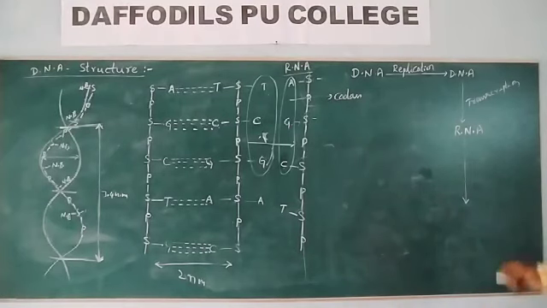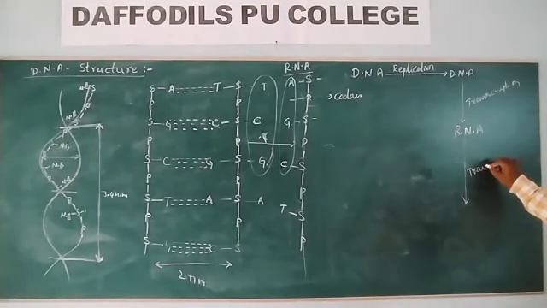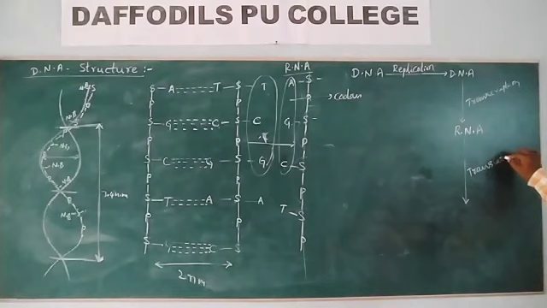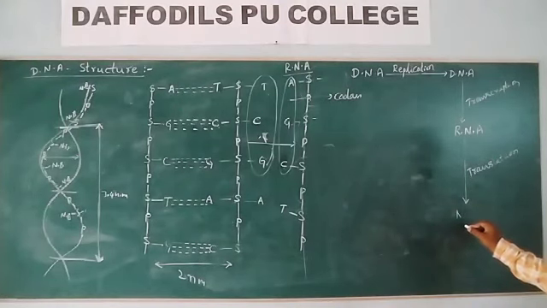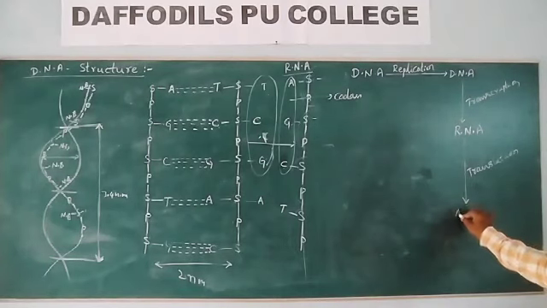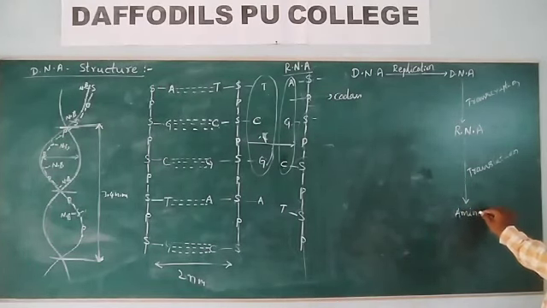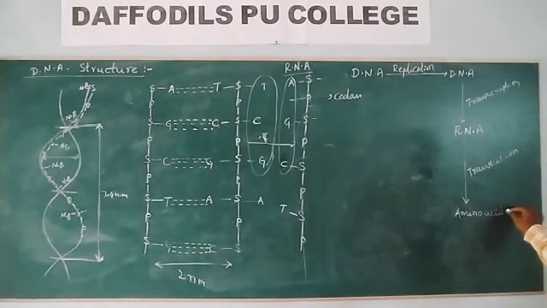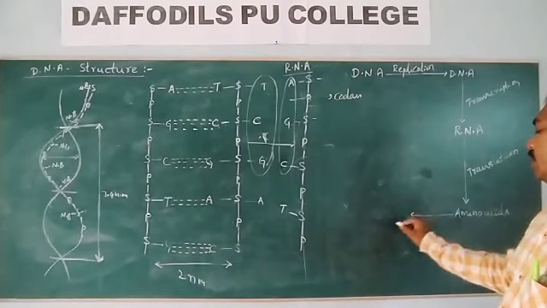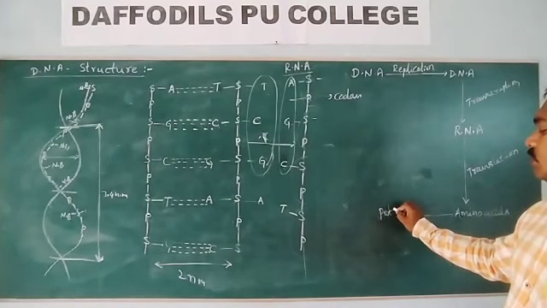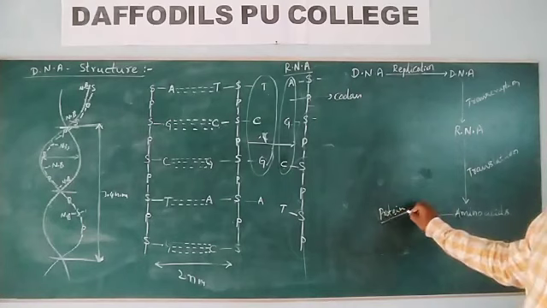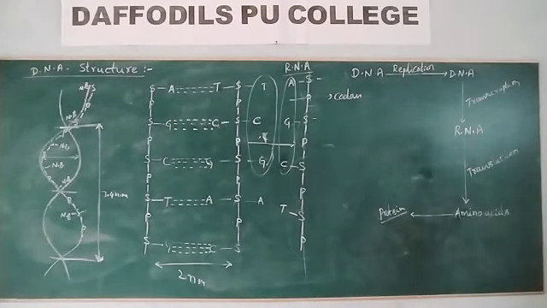So after transcription, the RNA's nitrogen base information is translated in the form of amino acids. These amino acids polymerize to give a protein chain. So this is the formation of protein.